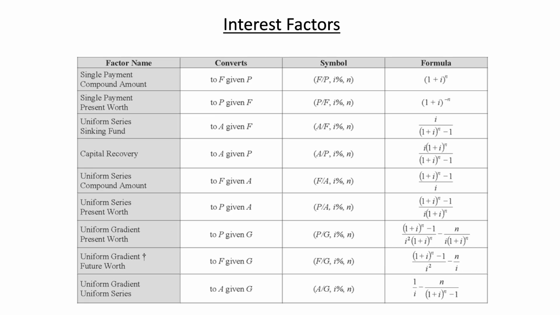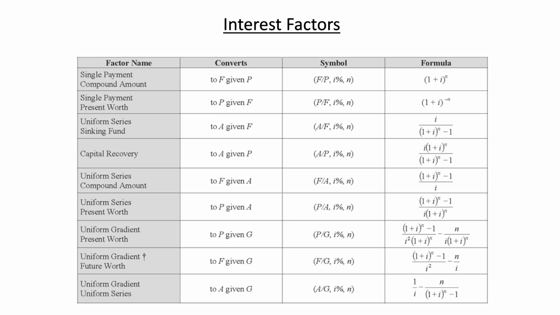And so, for example, to find P given A, if you go down a couple of rows to the row that says uniform series present worth, the way to construct the formula from this page for that one is P divided by A is 1 plus I to the power of n minus 1, divided by I times 1 plus I to the n power.